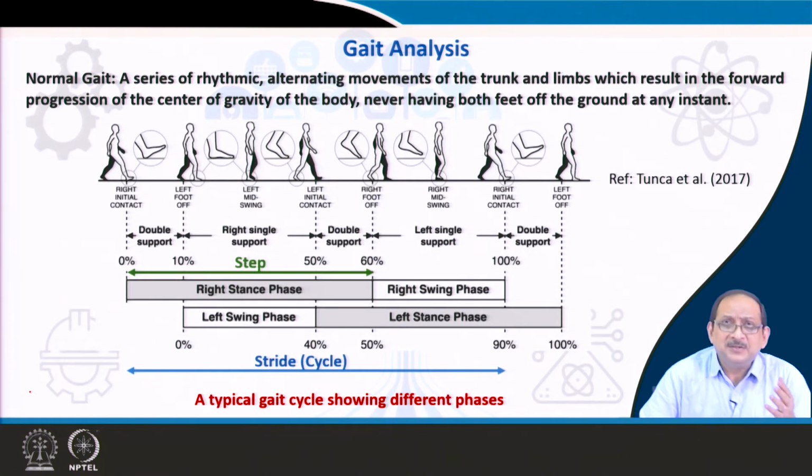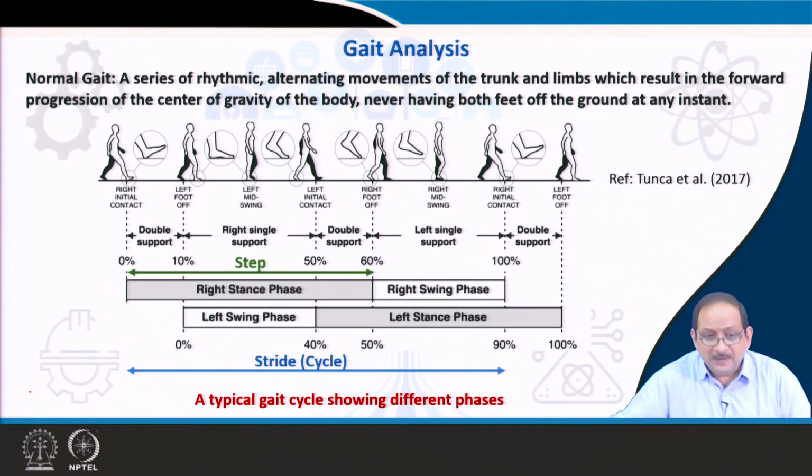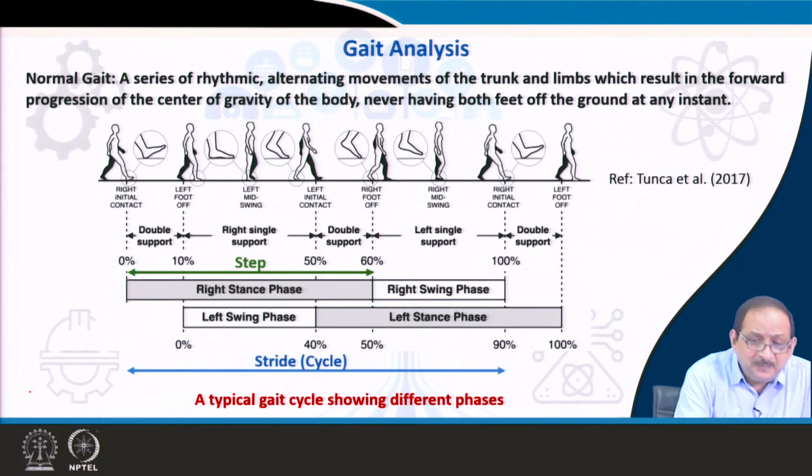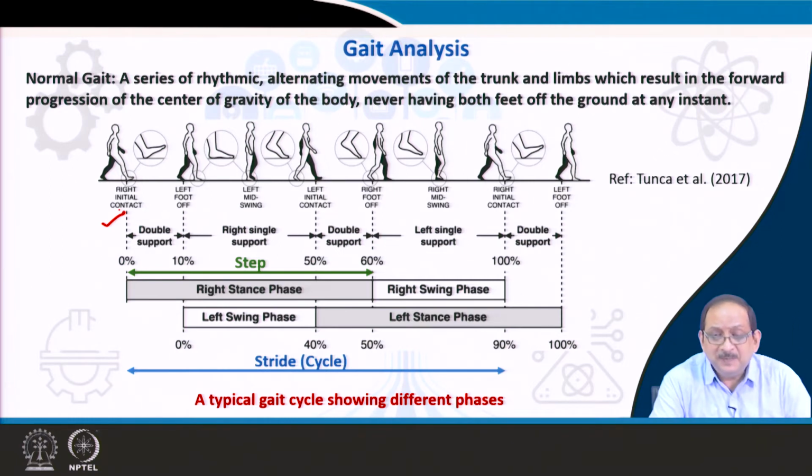We had discussed the gait cycle in detail, but it is important to briefly discuss it in this presentation as well. Now, the gait cycle starts from the right heel strike and ends at the same position in the next heel strike.